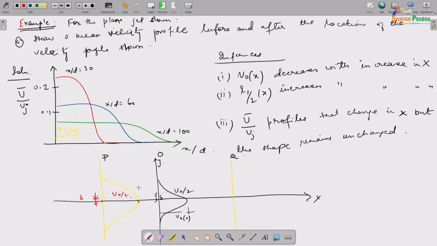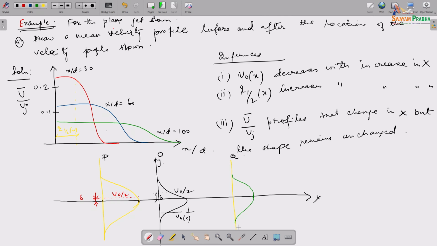So I think you can draw it for the second location also, but I'll go ahead and do it. So we know that u naught is going to decrease. So now u naught should be less than what it is in the black one, so it's going to be like that. Right, so that's the velocity profile, okay, and r half increases, right.